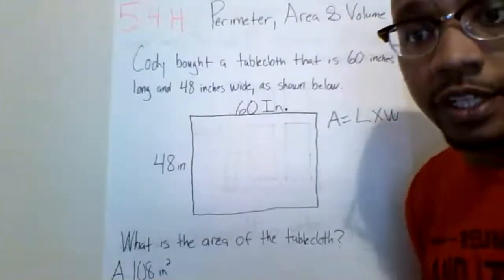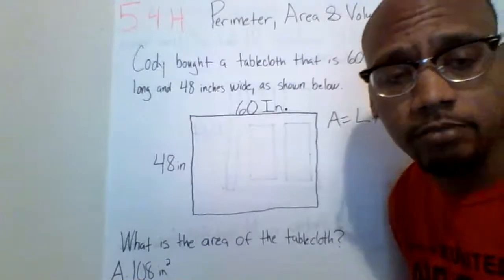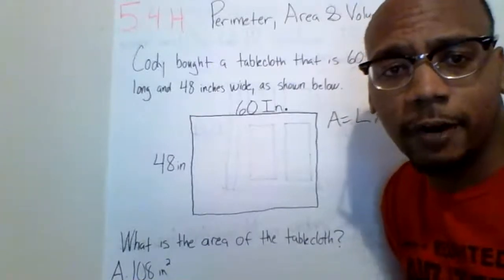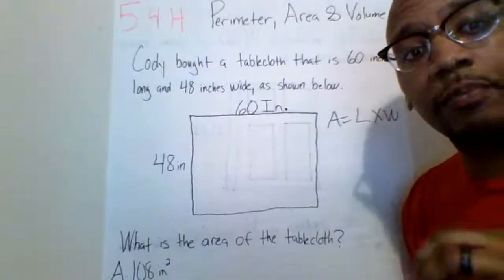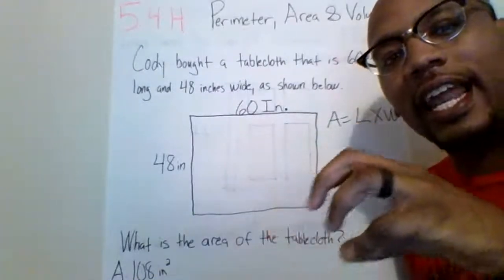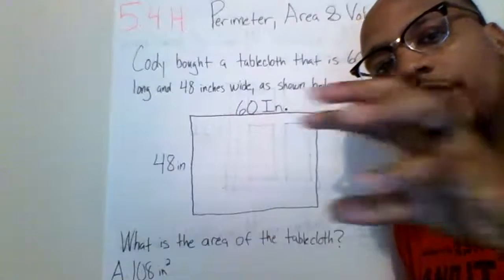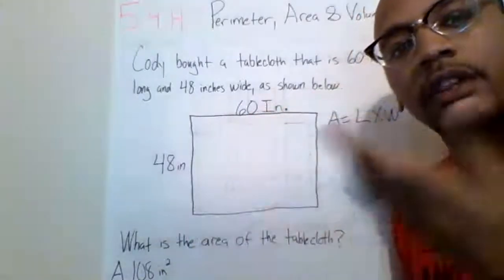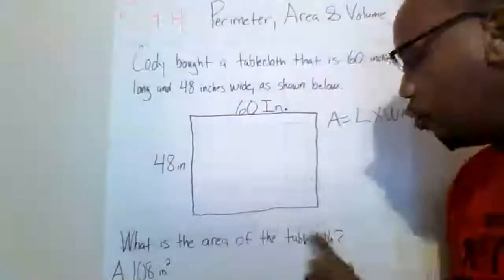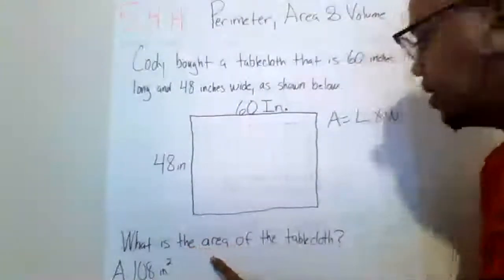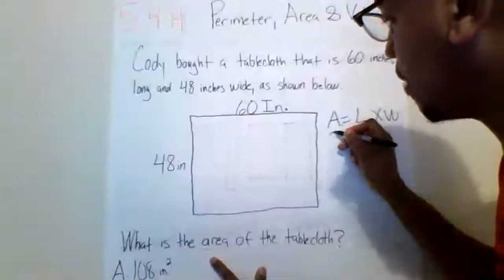Now, this is baby algebra, right? Goo goo gaga algebra. I want to remind you guys that algebra is simply taking out a letter and replacing it with a number and solving the particular formulas. So I want to know what is the area. So that A is my question.